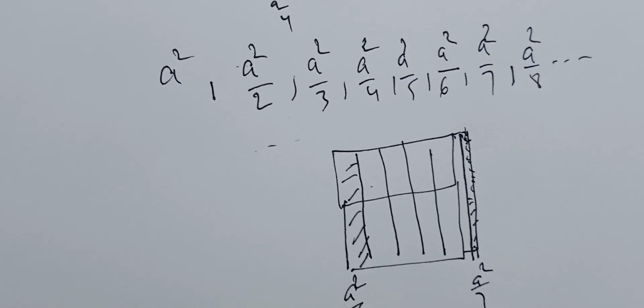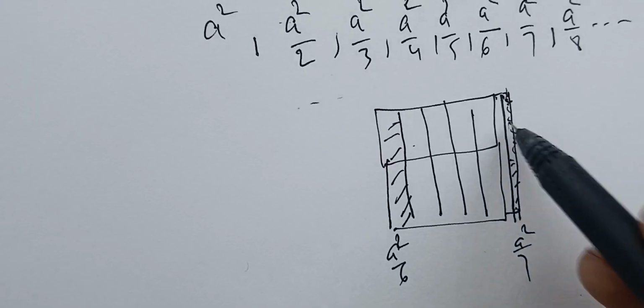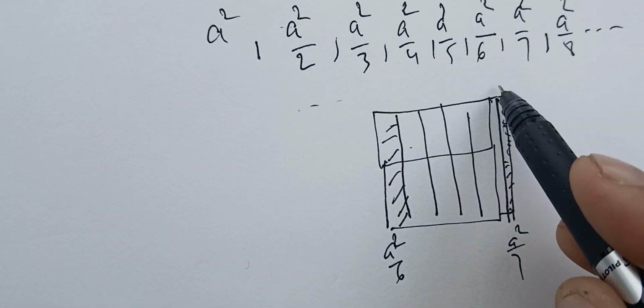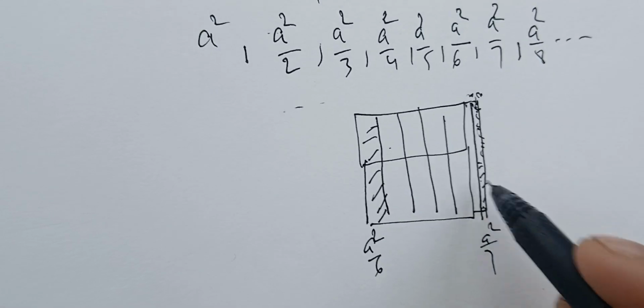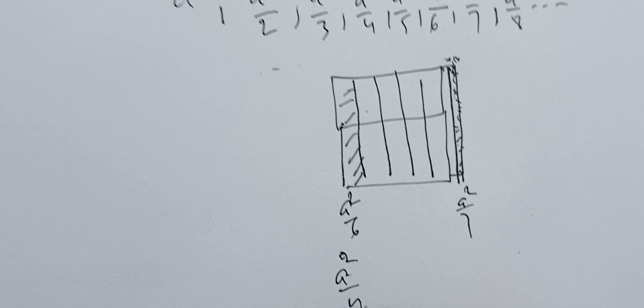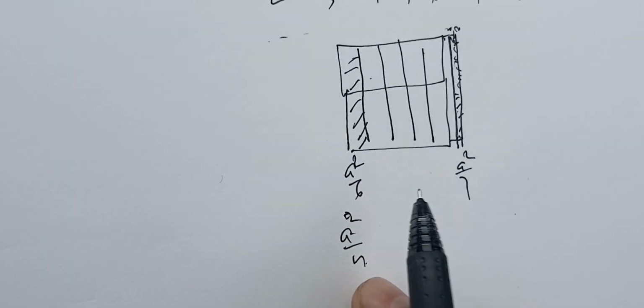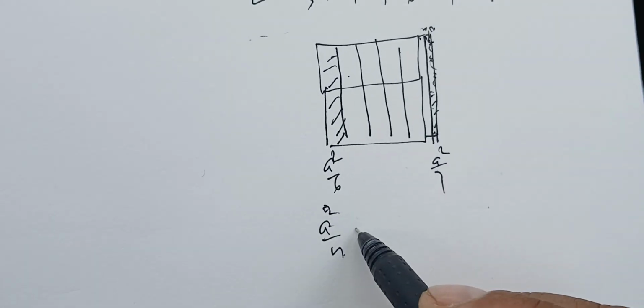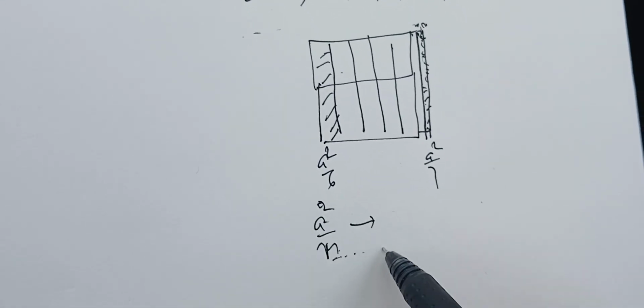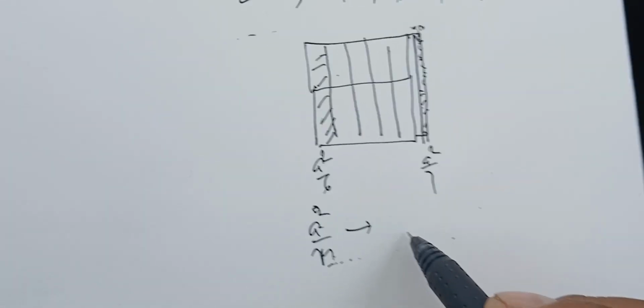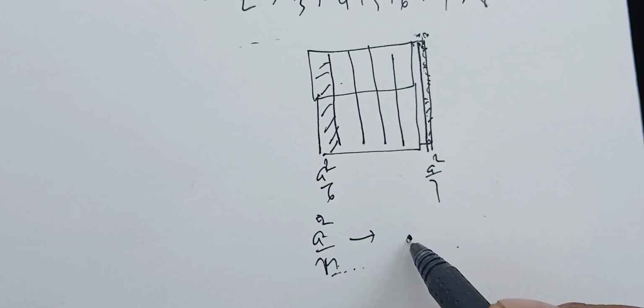What we notice is that as we keep splitting this land, the quantity a squared over n, when we split it for n people, is gonna be small. As n keeps increasing, the quantity is gonna get smaller and smaller to almost become like 0.